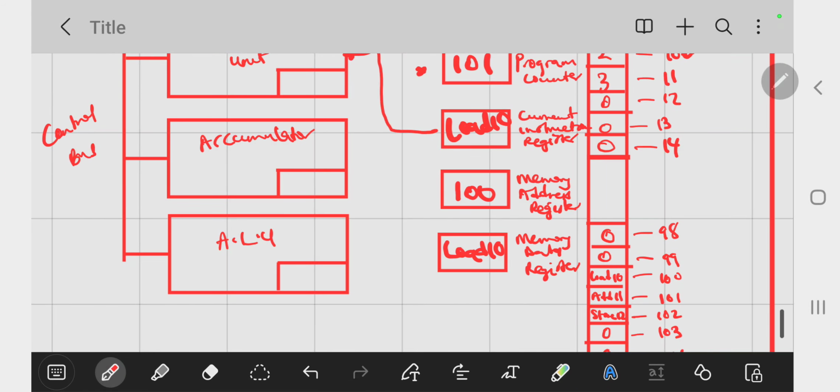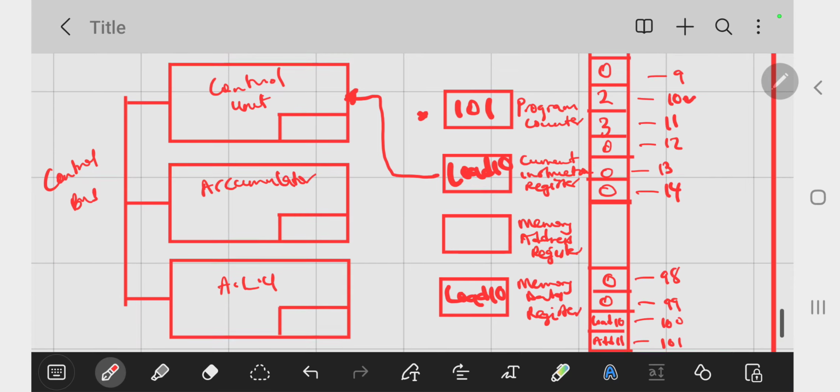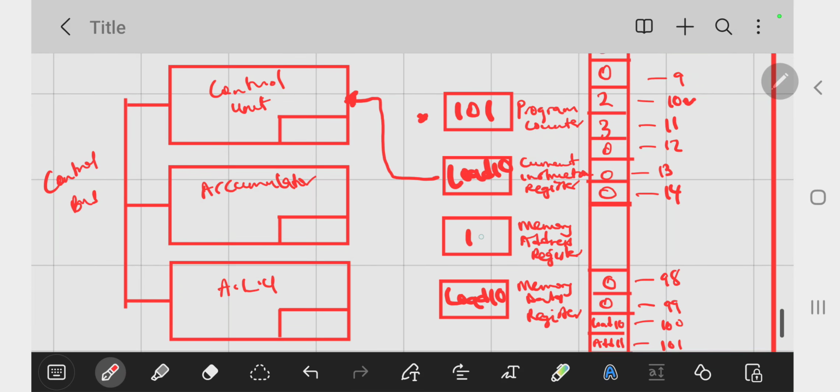So you notice that the memory address register will change. It will now be storing this address which is 10. Make sense?